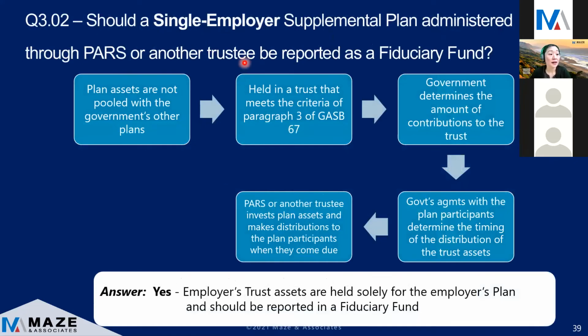All right. So then some of you may have a single employer supplemental plan administered through PARS or other trustees. Should that be reported as a fiduciary fund?